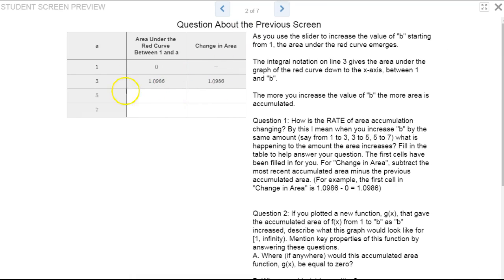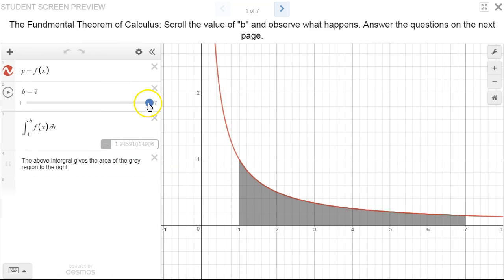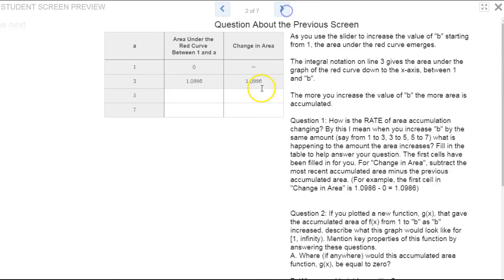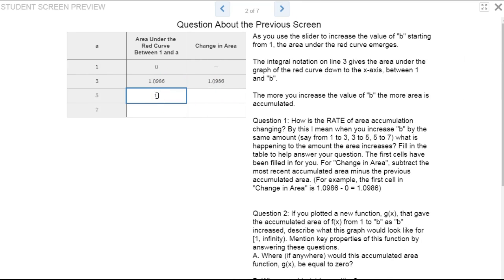As you went through here, you were supposed to come up with the area between 1 and b, and this should have said b here. If I take this to 5, I get 1.6094, which goes into this box.